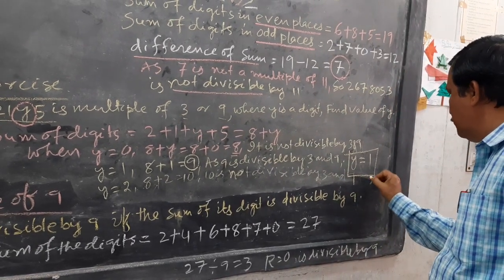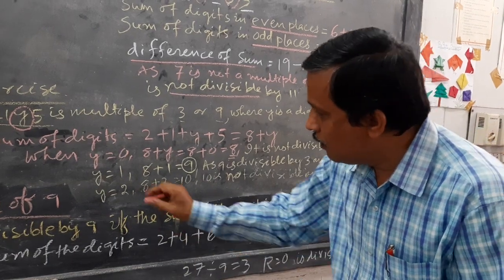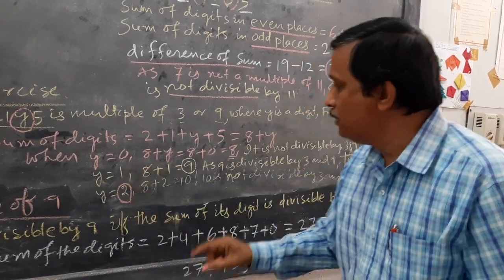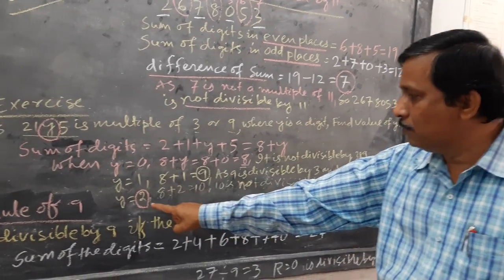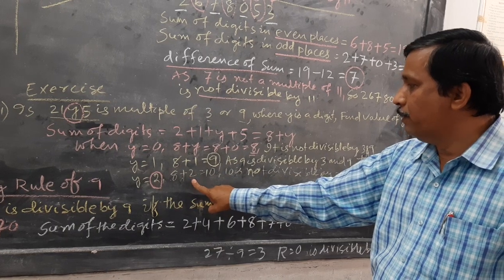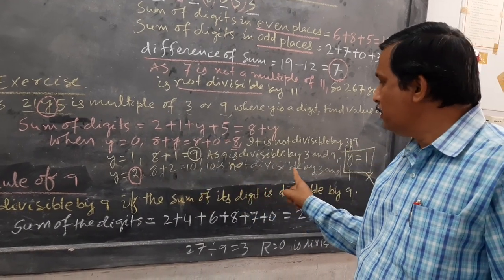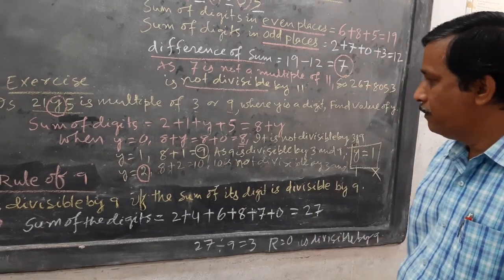Therefore, y equal to 2 is not the answer. In this manner, you go on trying. Suppose 3, then 8 plus 3 is 11. Then it is not divisible by 3, so 3 is also not the answer.